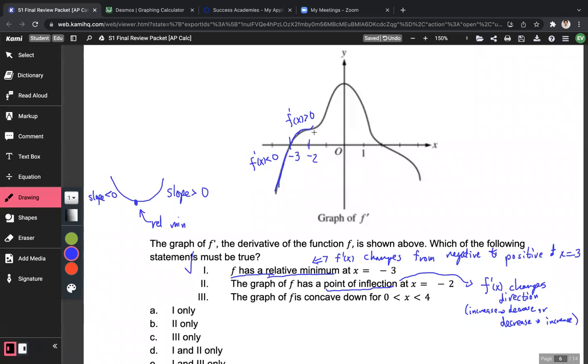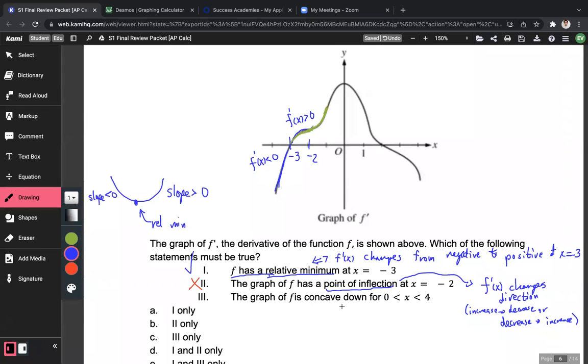Here's negative 2. I don't think that's the case because we're increasing to the left of negative 2. There's negative 2. Maybe briefly we hit a horizontal tangent line, but we continue to increase. So f prime is just increasing. There's no change in direction. So statement 2 is false.